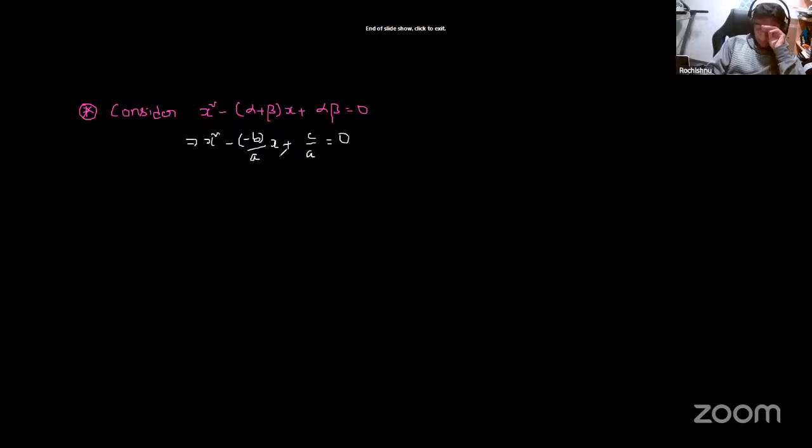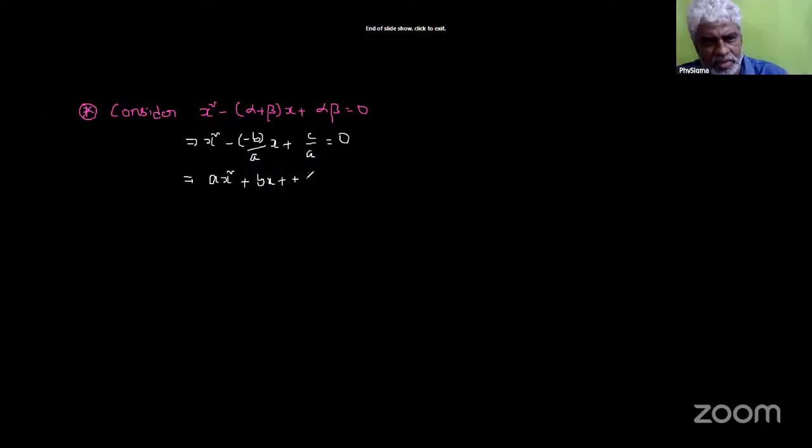Multiply each term by a, which makes it a x square plus b x plus c is equal to 0. Same equation, right?